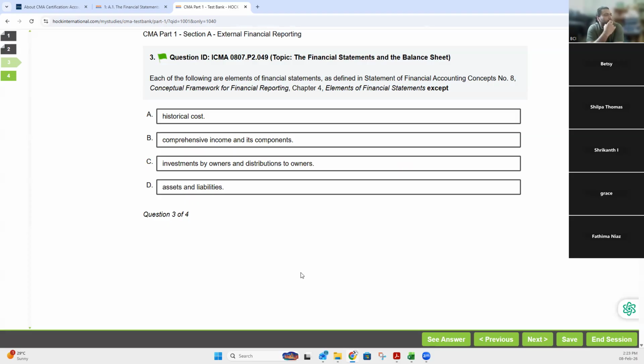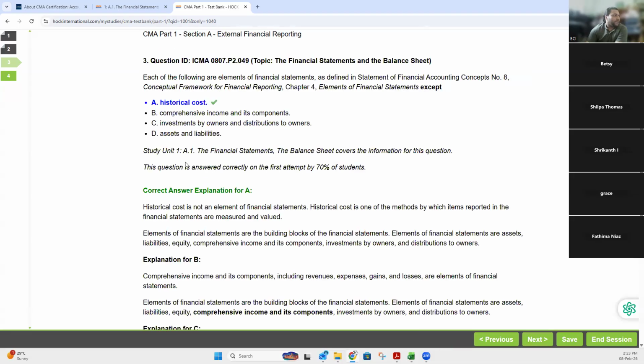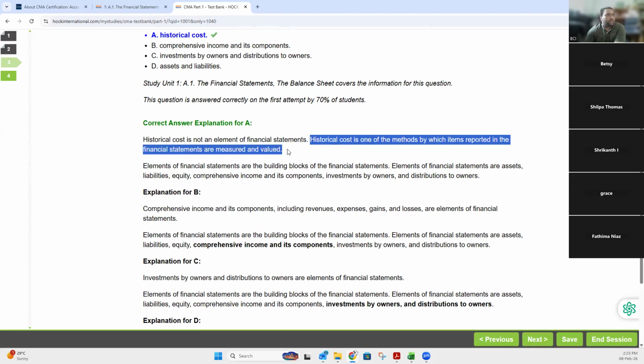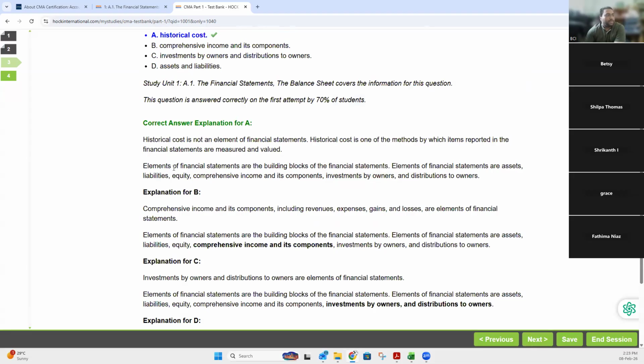It should be historical cost. Historical cost is not an element of financial statements. Historical cost is one of the methods by which items reported in the financial statements should be measured and valued.